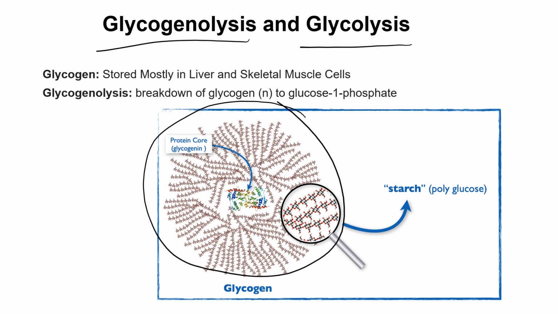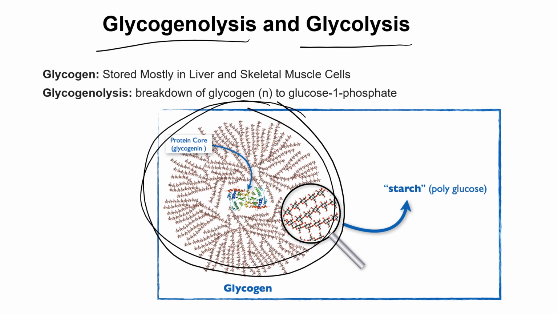The reason that we're discussing these two concepts together is because it logically makes a lot of sense to do so. The reason for that is that glycogen is the storage form of glucose inside of muscle cells and other cells. Glycogen is a polysaccharide.